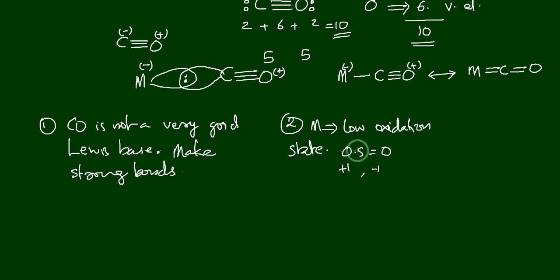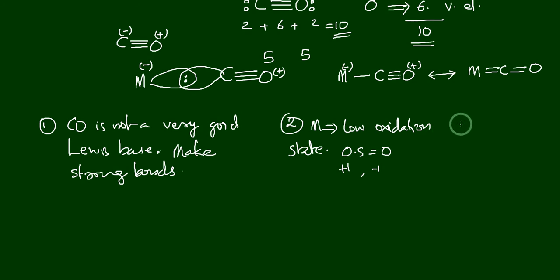So if a metal is forming a metal carbonyl, you can normally observe that the metal is going to be in a low oxidation state. Very usually the metal will be in the zero oxidation state, or sometimes low positive like +1, or even +2, or even sometimes a negative oxidation state. That is another interesting fact.